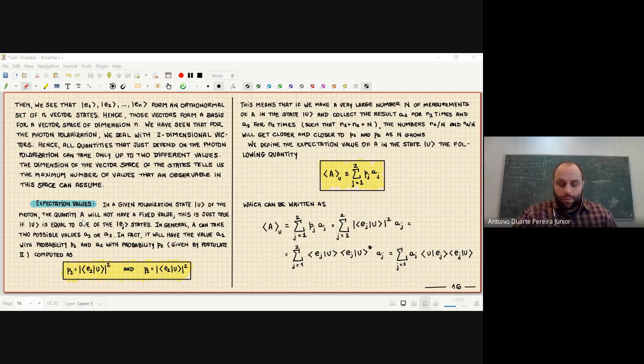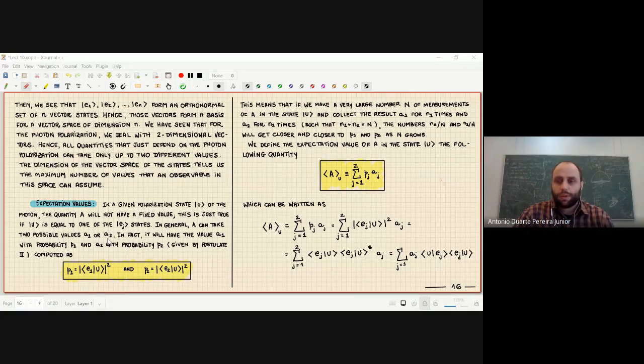But in general, if I make a measurement for a general state U, I can have two different possible values for the observable A, and I'll call them A1 and A2. So if I measure A, I will either get A1 with some probability, or I will get A2 with other probability. Okay, that's how the system works. But I can compute those probabilities using postulate 2.